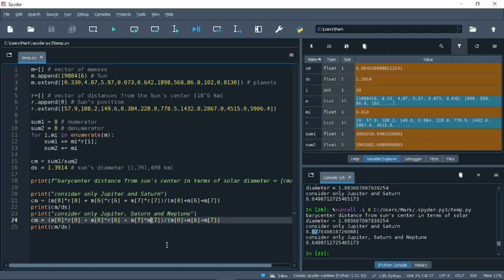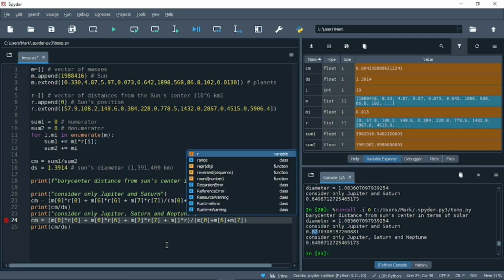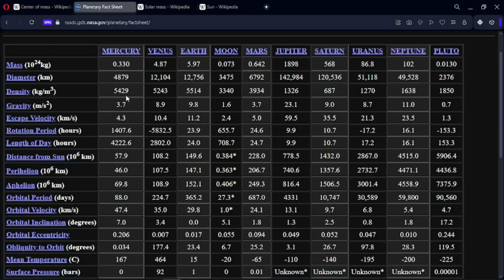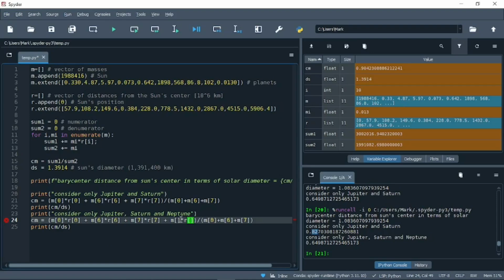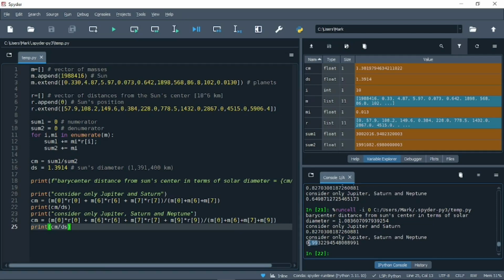If you consider also Neptune, plus M times R, and Neptune is 1, 2, 3, 4, 5, 6, 7, 8, 9, the 9th planet here. We have to sum also all the masses, mass 9. We found that it's even closer to 1, so it's 99%.